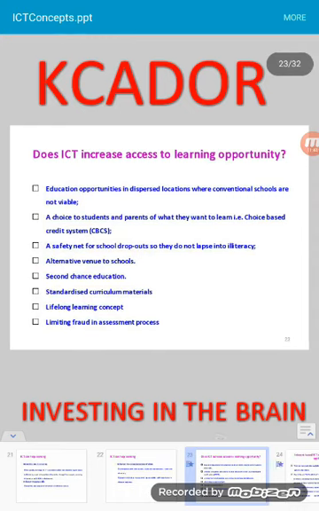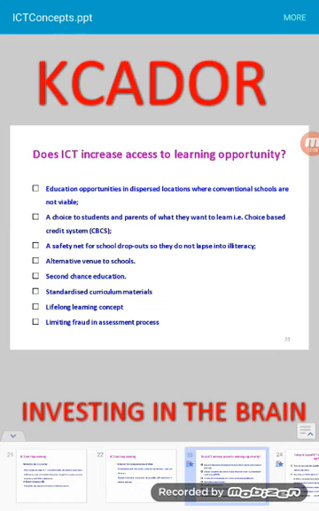Now, does ICT increase access to learning opportunity? That is a question. Yes, I think so. Education opportunities in dispersed locations where conventional schools are not viable. That is real. Choice to students and parents of what they want to learn, i.e. choice-based credit system, that is the CBCS.